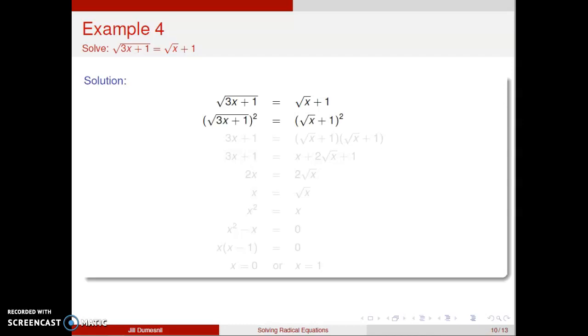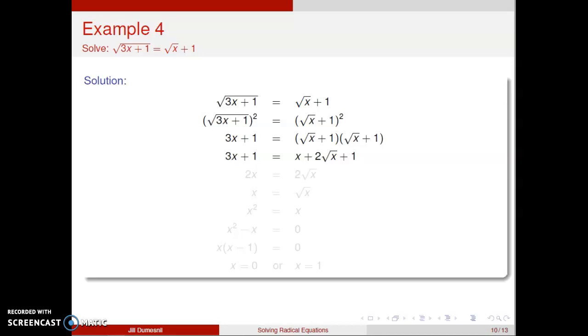On the left-hand side of the equation, the square root is eliminated. But on the right-hand side, we need to expand or FOIL the two binomial expressions. Thus we get 3x plus 1 equals x plus 2 square roots of x plus 1.